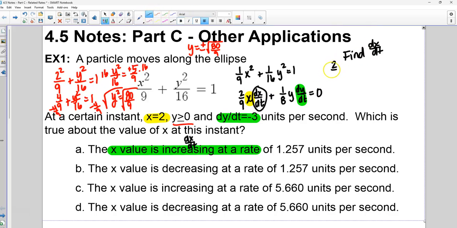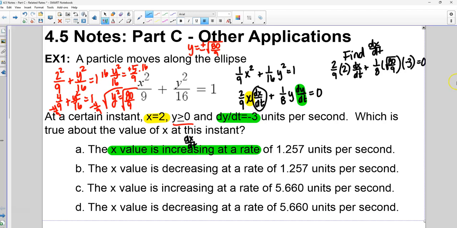I've got 2/9 times 2. dx/dt is what I'm trying to find, so that does not get replaced. Plus 1/8 times y, which is going to be the square root of 80 over 9. Or go ahead and give a decimal for that if you don't like having that square root of 80 over 9. And dy/dt is negative 3, and this is supposed to equal 0.